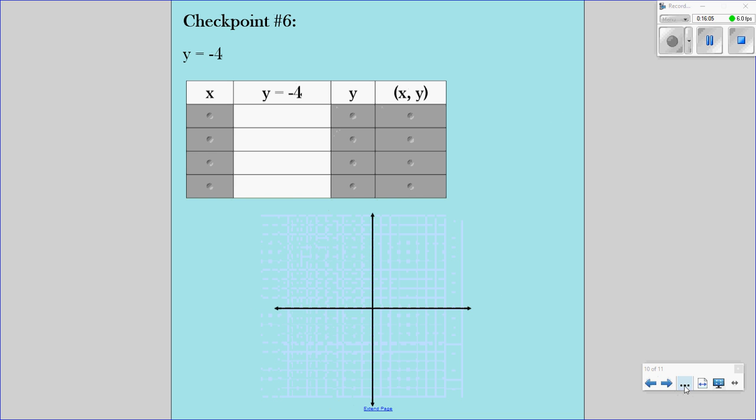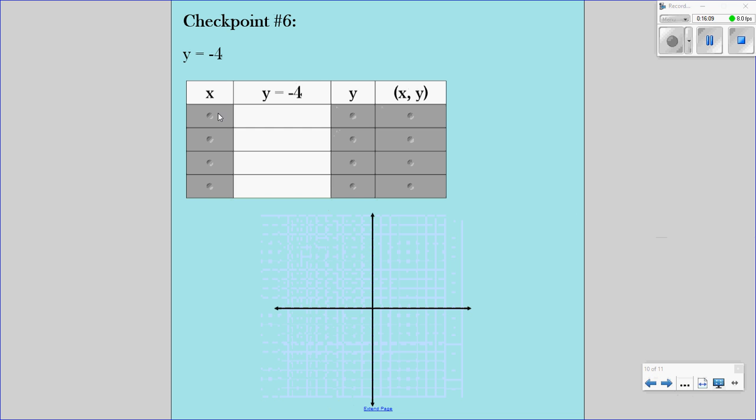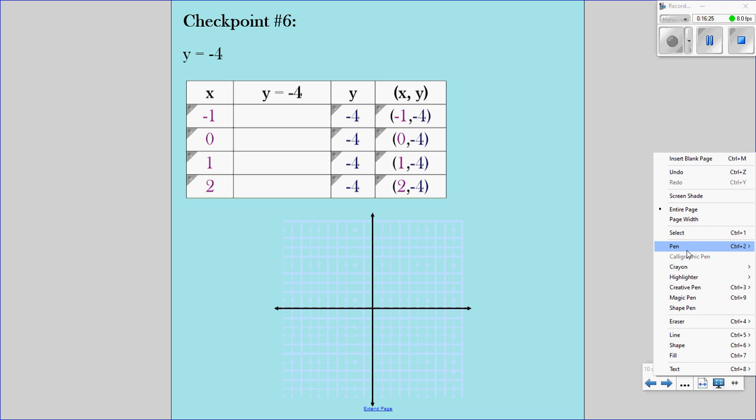So now speaking of y equals, we got y equals negative 4, and we have our y's, which is negative 4. So you can't choose anything different from negative 4. Then we can choose any x's that we want to match up with our negative 4. Once we do that, then we put it in coordinate form, and then we plot.